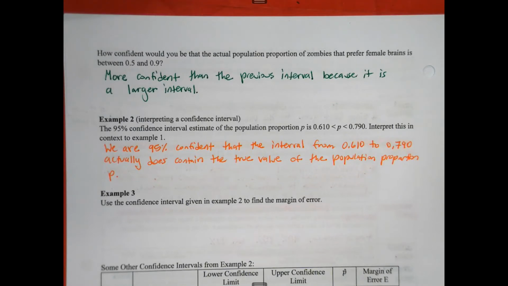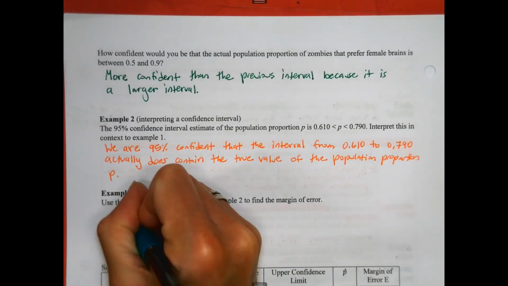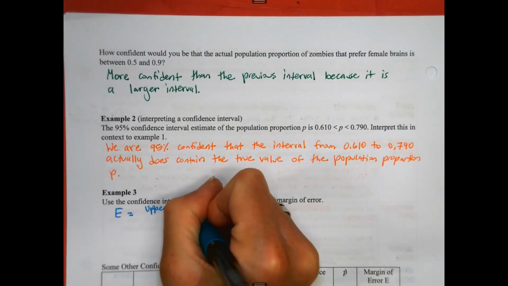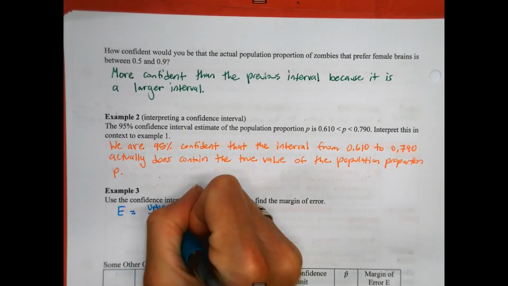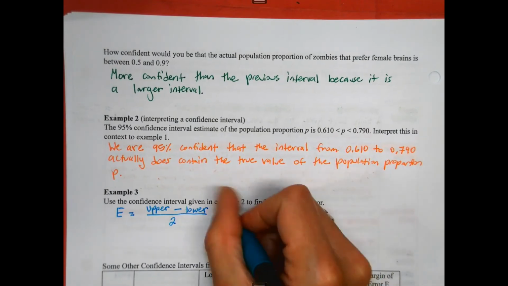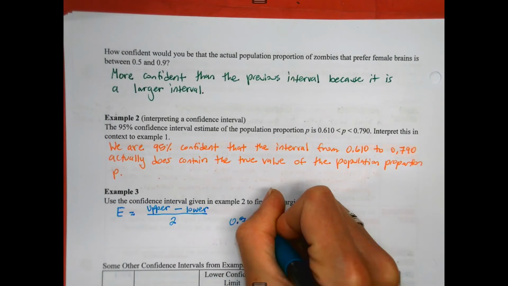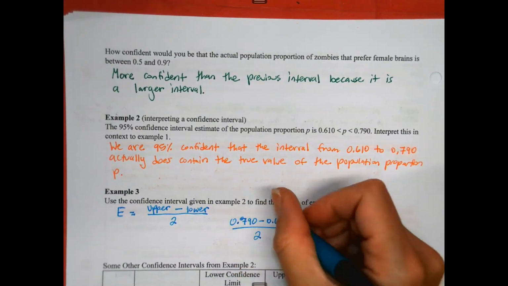Our value is going to be somewhere in between. We're going to assume that it is exactly in the center. So the way to find a margin of error, if you know the interval, is to take the upper value minus the lower value and then divide by 2. Essentially, we are averaging the ends of our interval. We're going to take 0.790 minus 0.610 and divide it by 2.